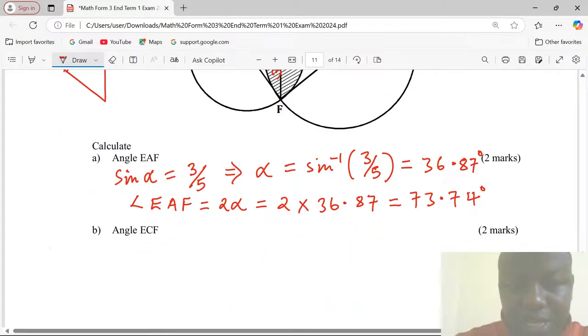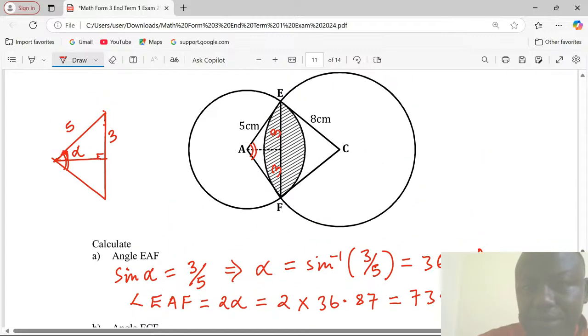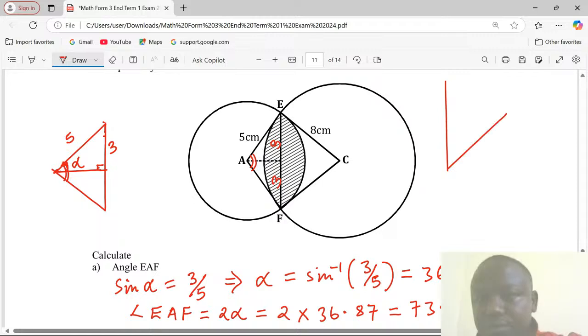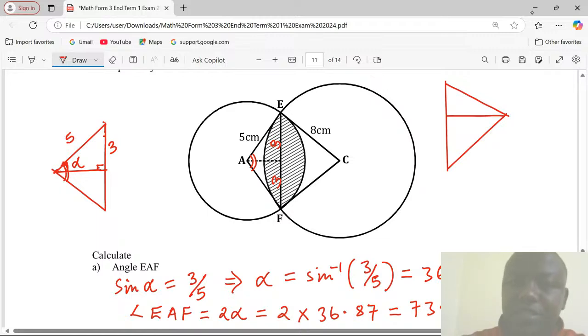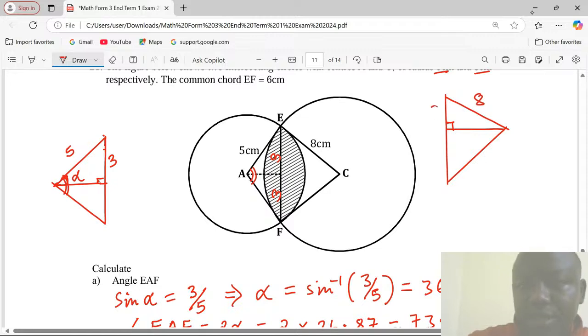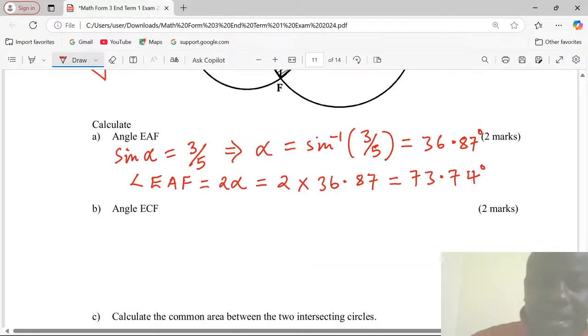Let's check the other angle, ECF. I also extract ECF in such a manner. For ECF, we're going to do the same thing, whereby this is 8 and this is 3. Therefore, the angle theta at this point, sine theta equals 3/8.